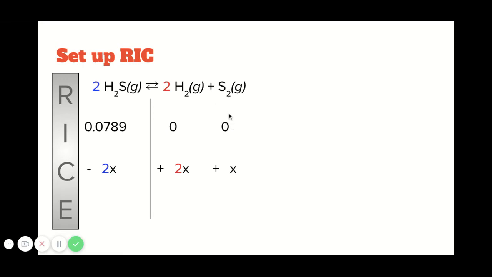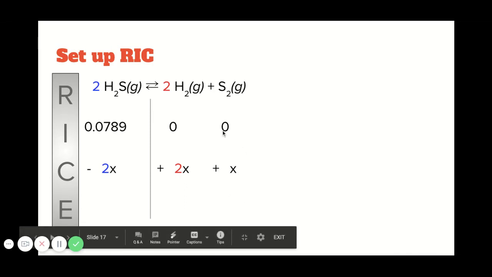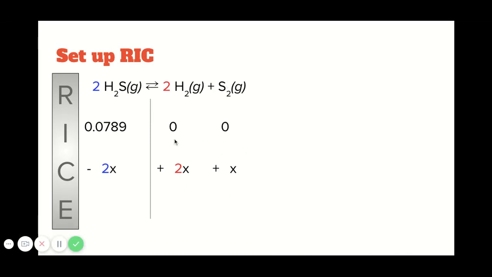So in the initial conditions and in the equilibrium conditions, I'm just describing how much of that specific compound or element or ion or whatever it is. That's why I'm saying species. The change takes into account the chemical relationship between the two. That's where the coefficients come in.